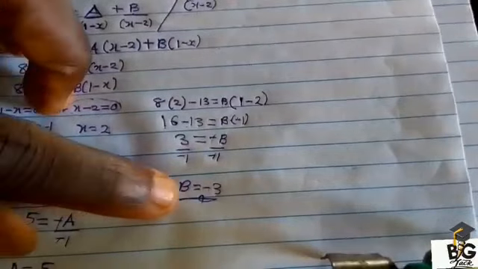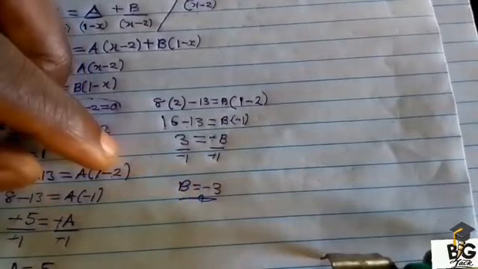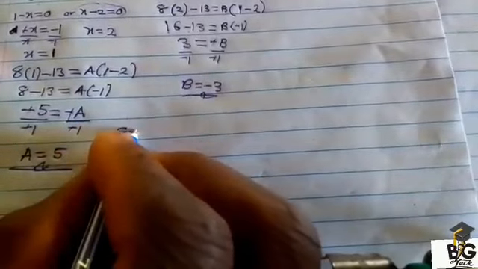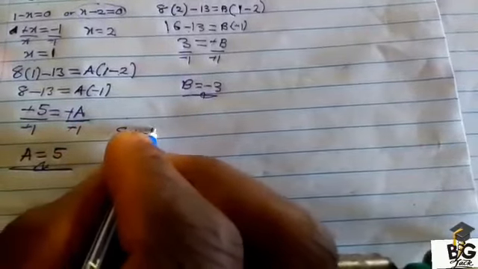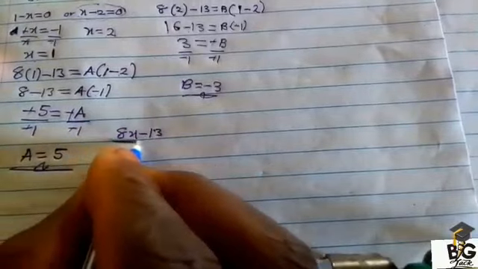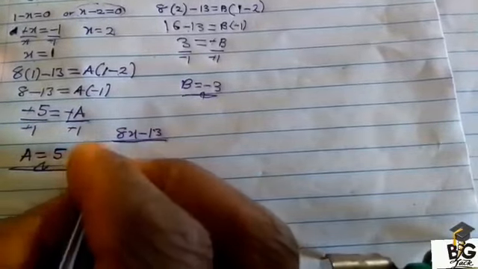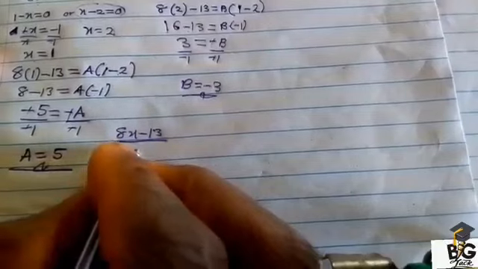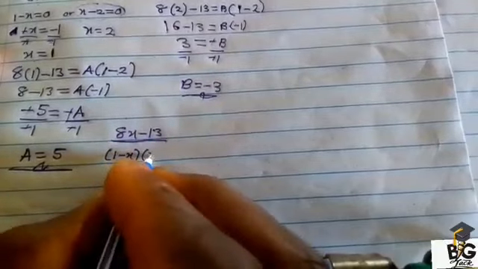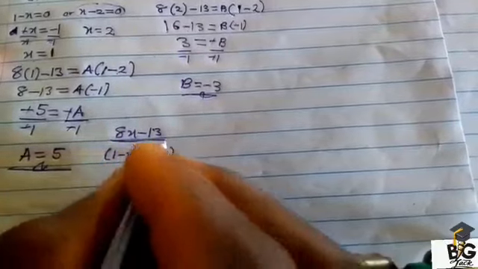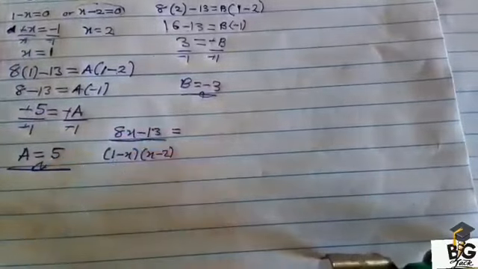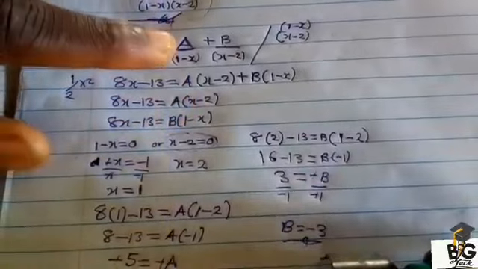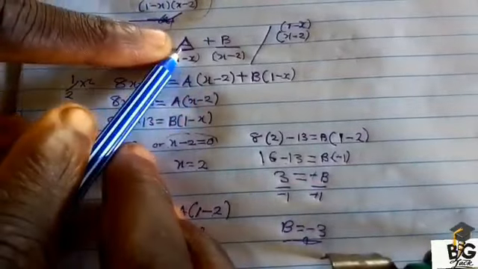Now let's write so our final answer is going to be 8x minus 13 over, open bracket, 1 minus x, close bracket, open bracket, x minus 2 is equal to. So now if you remember very well here, we were having a, then here we were having b.